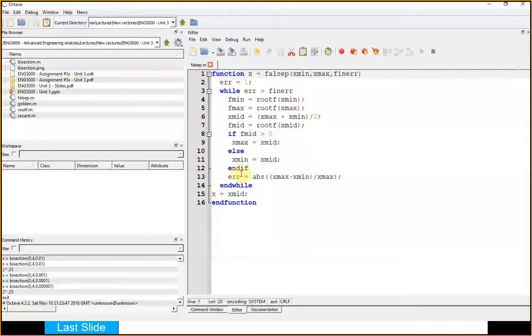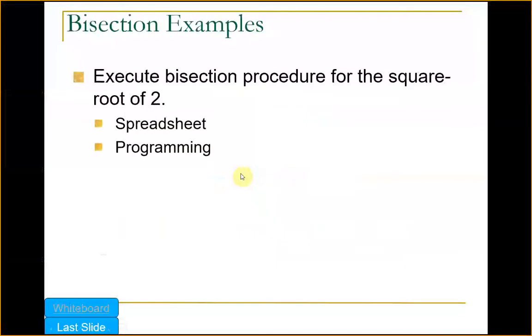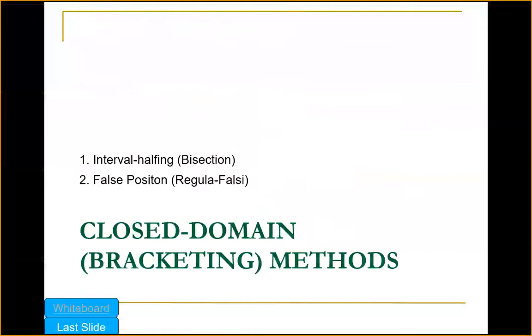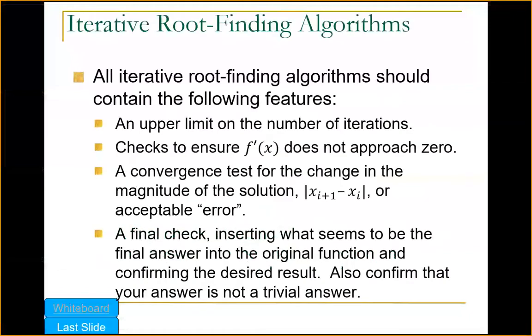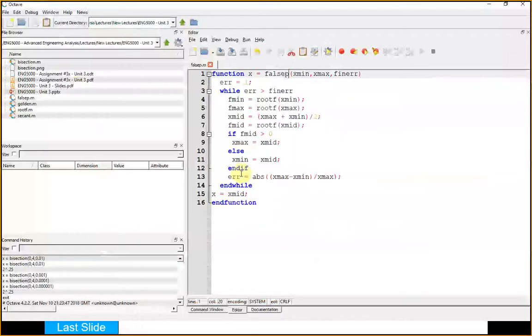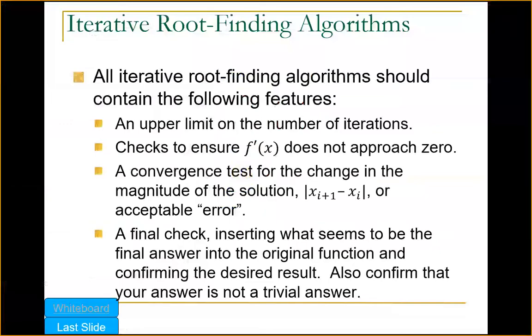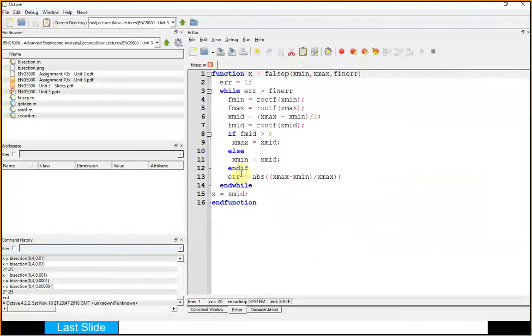Alright. Based on this slide here, good. Iteration. What set of cautions or set of checks is missing from this iteration procedure?